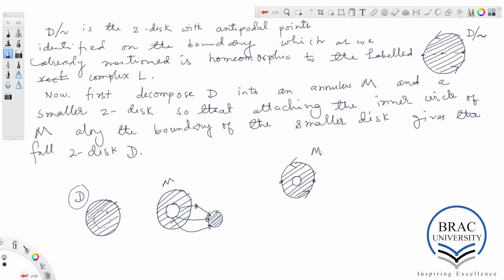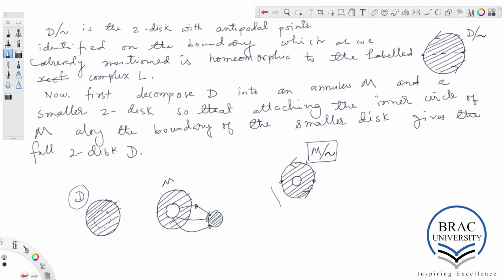This is M, modded out by the equivalence relation of antipodal points being identified along the outer circle of the annulus. Okay. So this is the quotient space, and this quotient space is precisely this space.